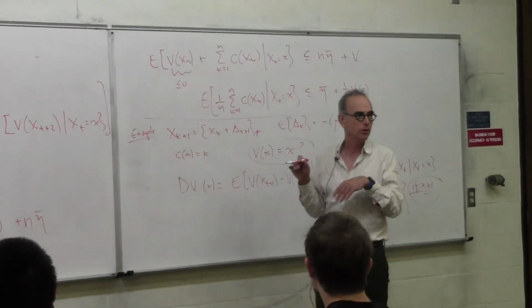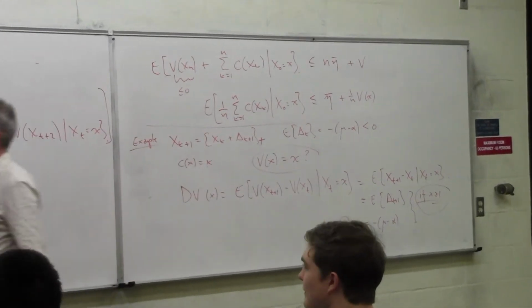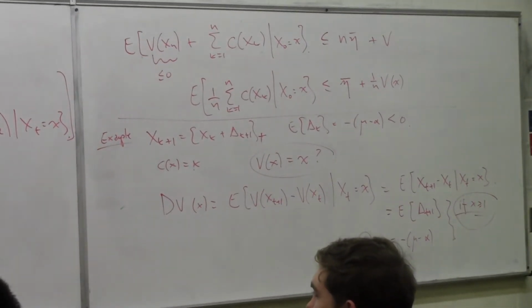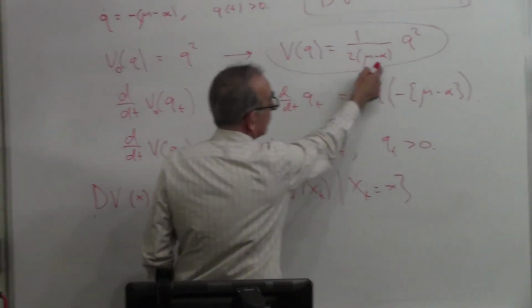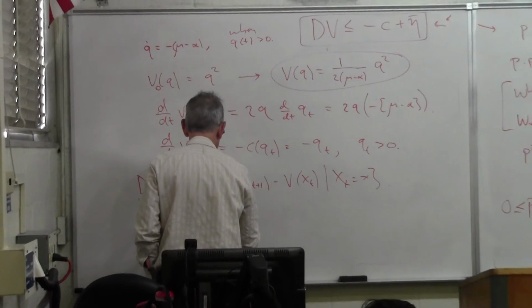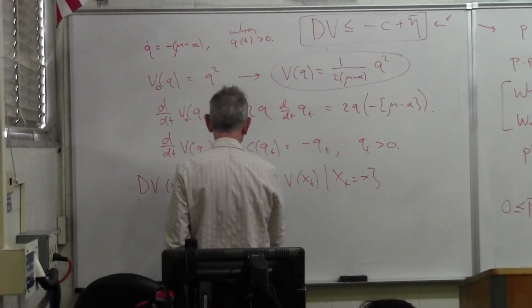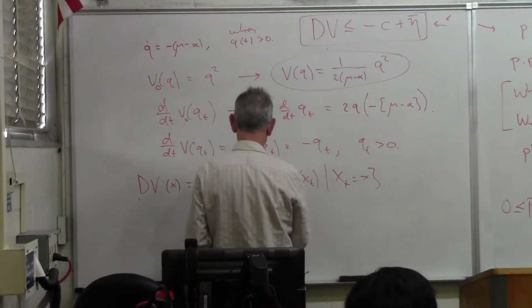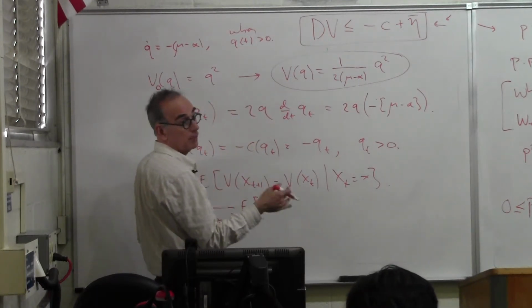So just ignore 0. What you end up with is a scaling, and then an expectation of, what's xt plus 1? It's just x plus delta.